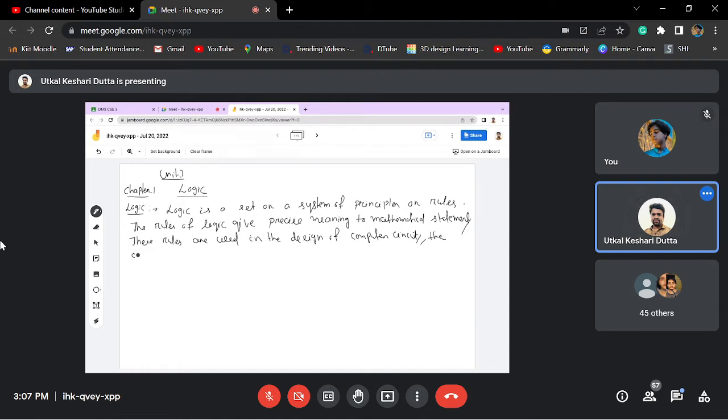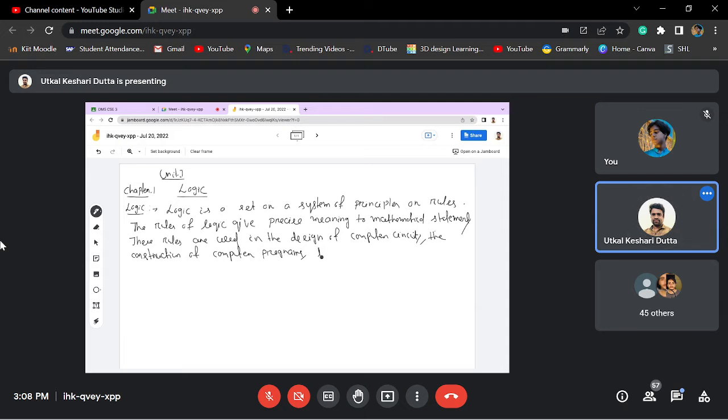And in the construction of computer programs, or forming of computer programming, you also need some rules or principles.